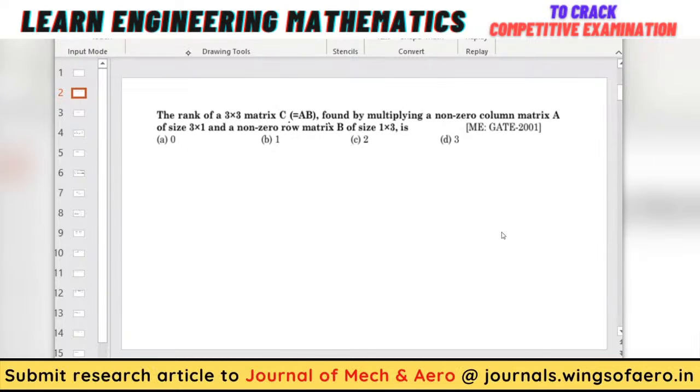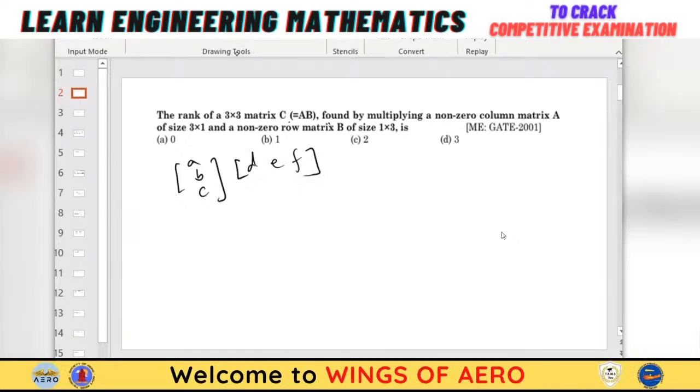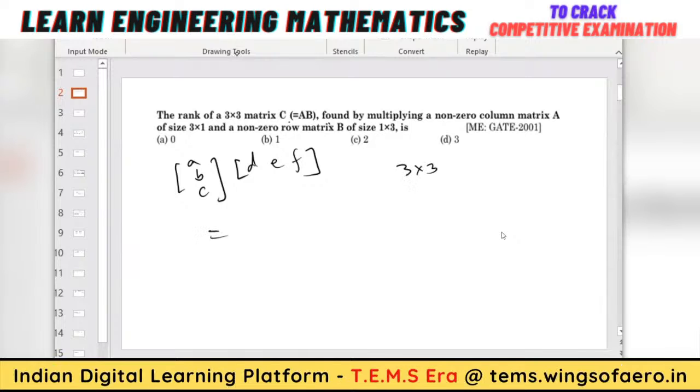Then always remember in this situation, if the matrix is like this, A, B, C, and D, E, F, the multiplication is 3 cross 3.